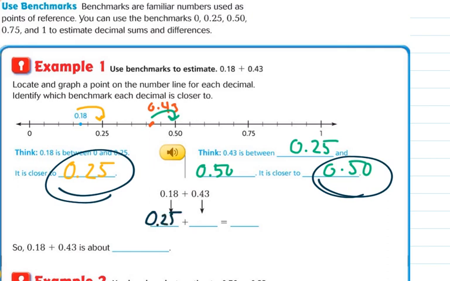We did subtraction in the previous one. So boys and girls, the thing that's awesome about this is just think of it like money. 25 cents plus 50 cents is 75 cents or 75 hundredths. So if you think about it, 18 hundredths plus 43 hundredths is about 75 hundredths. And remember, it's all estimation. There's no actual answer because we're doing just estimates in this lesson.